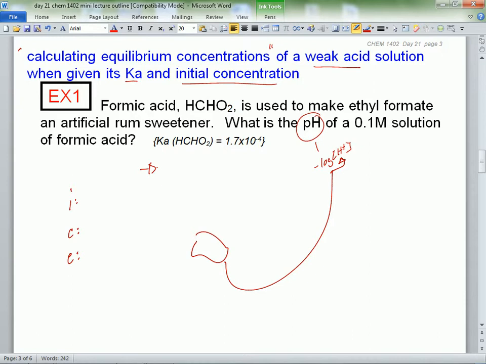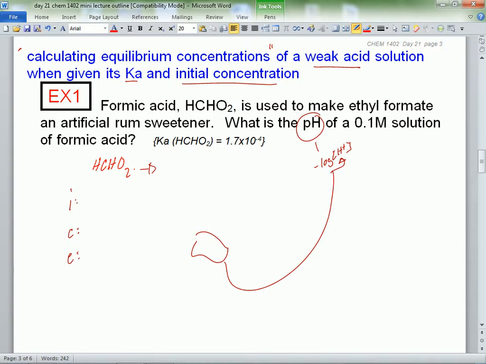Sabina, what do you think that reaction probably will be? What reaction would we be doing ICE on? Yeah, the Ka reaction. And she said that's going to be the HCHO2, keep going, goes to, what are the products?